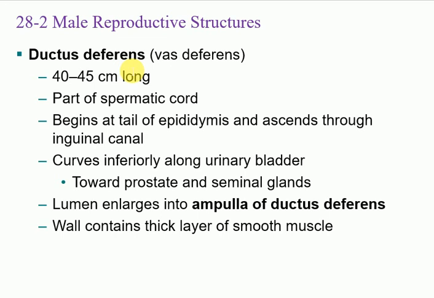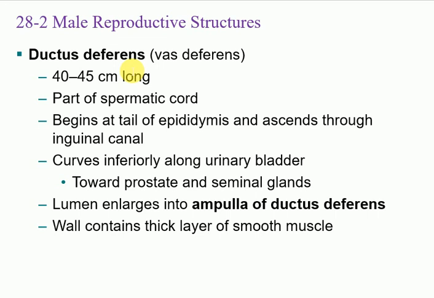The ductus deferens goes within the spermatic cord, all the way, and enters the body through the inguinal canal. The part that becomes dilated before joining what? The seminal vesicle to make the ejaculatory duct.